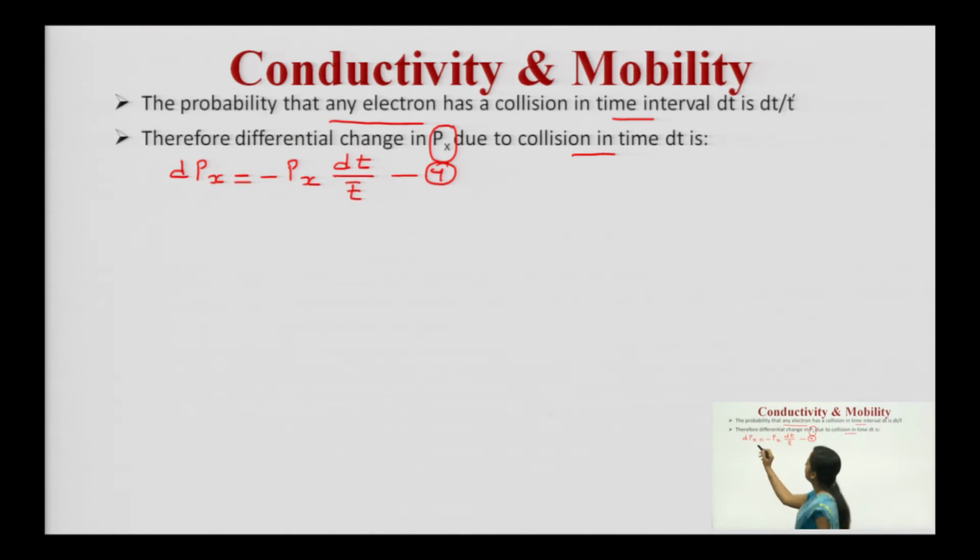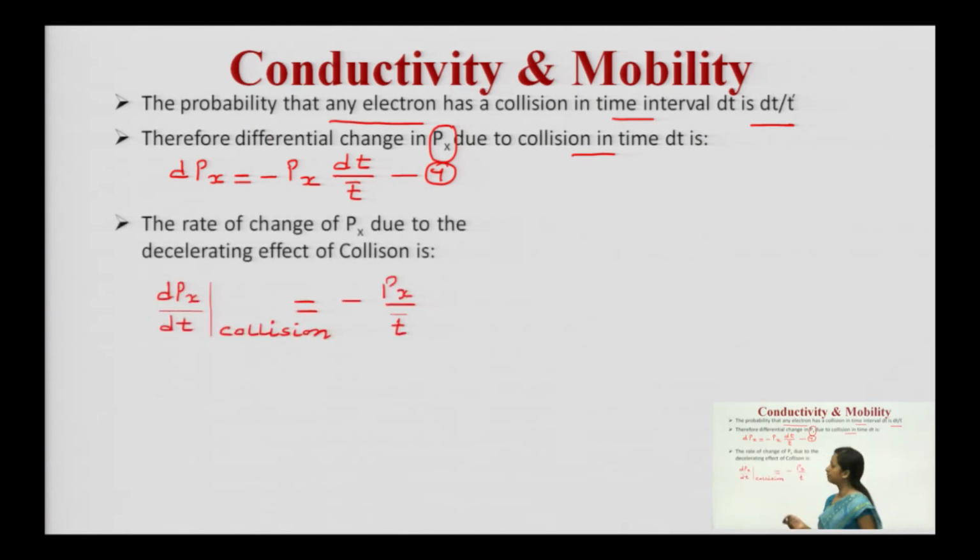This is dpx is equal to minus px dt upon t bar. See, this is the collision time interval. You can see dt upon t bar is the time interval, and alternatively you can write dpx upon dt as nothing but minus px upon t bar. So this is how you can write it down over here.